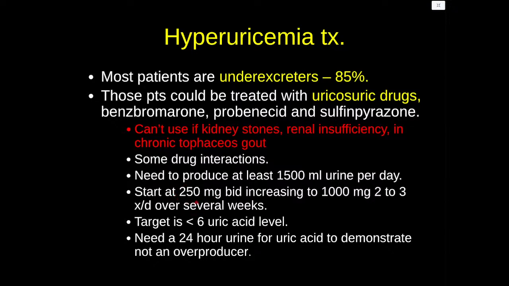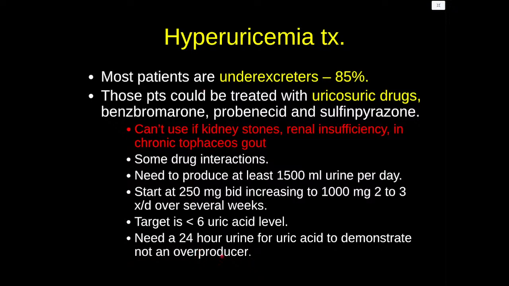The therapy starts at 250 milligrams two times a day, increasing to 1,000 milligrams 2 or 3 times daily over several weeks. The target is to achieve a uric acid level below 6 milligrams per deciliter. You have to do a lab investigation of 24-hour urine for uric acid excretion to demonstrate that the patient is not an overproducer.